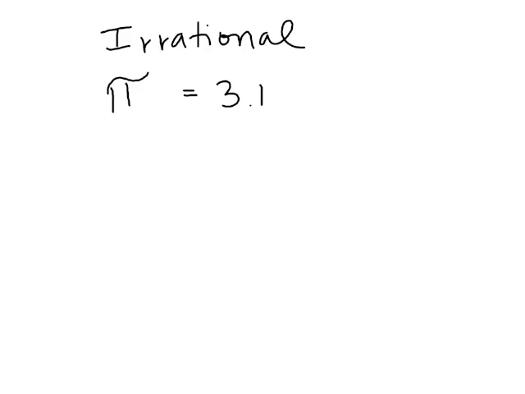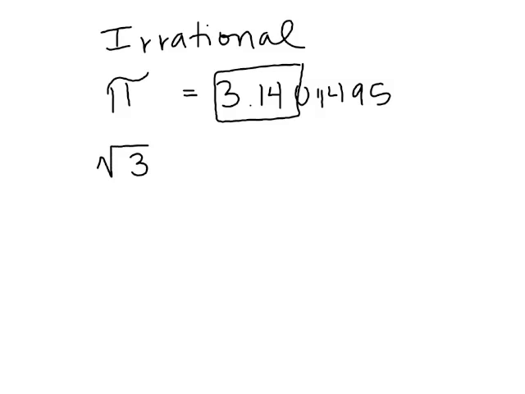So the numerical equivalent of pi goes on forever. 3.14159... I can't remember all the decimals. The typical cutoff point is 3.14. Pi is an irrational number.